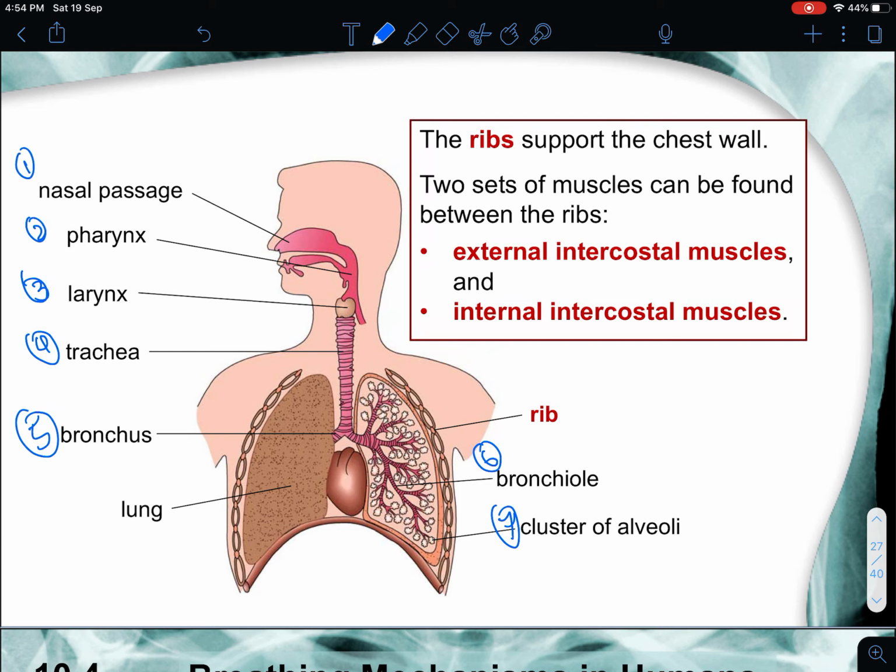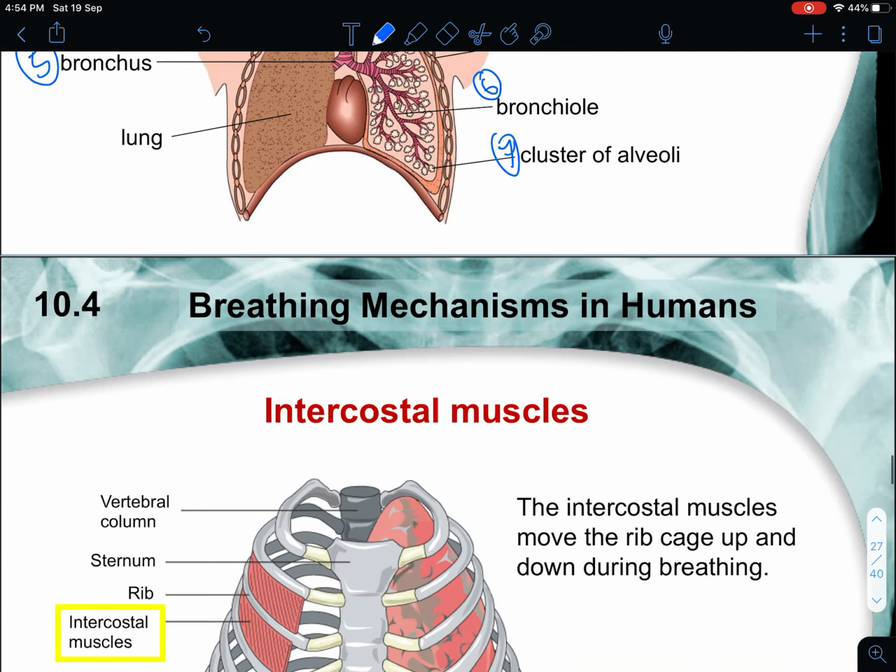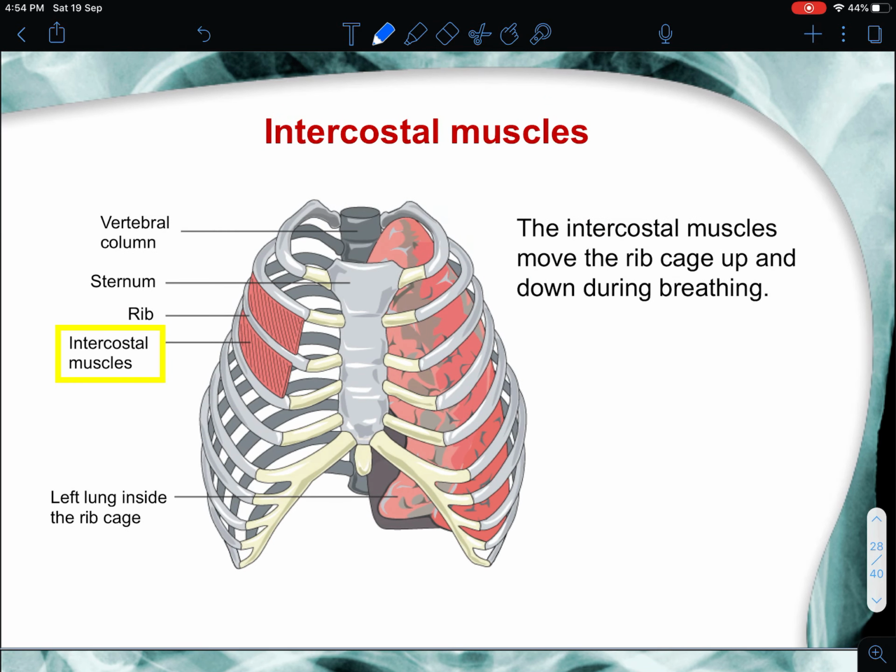Okay, so the ribs help to support the chest wall, and there are two sets of muscles formed between the ribs, your external intercostal muscles and internal intercostal muscles. These are generally antagonistic muscles, where one would contract and the other would generally relax.